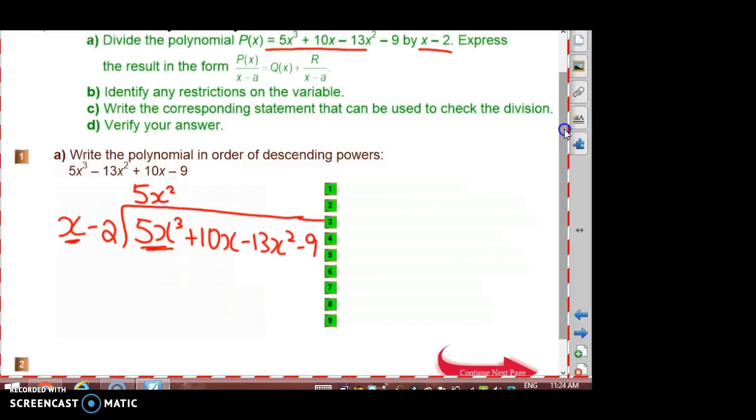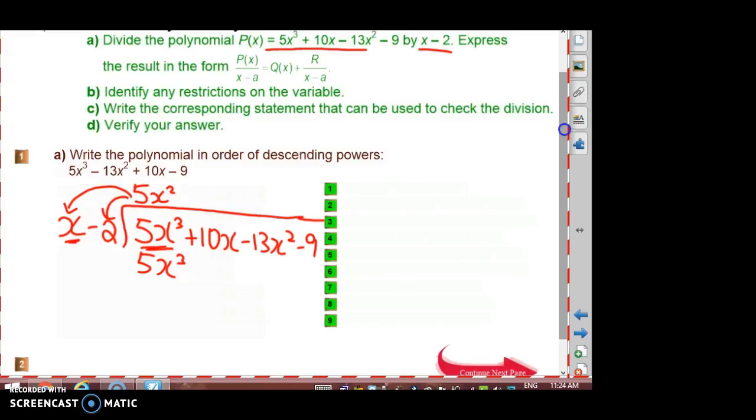Yeah, 2 more x's, okay? So that means x squared. So all you're doing is then you're going to go 5x squared times x, and you get 5x cubed. You have to, because that's the whole point of long division. If you don't get that, then you messed up somewhere.